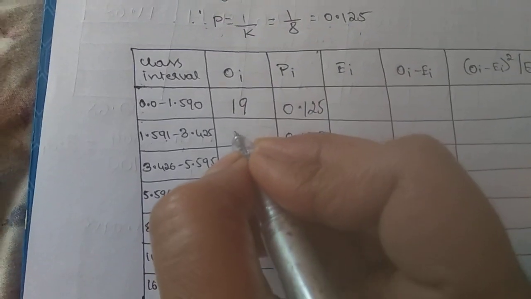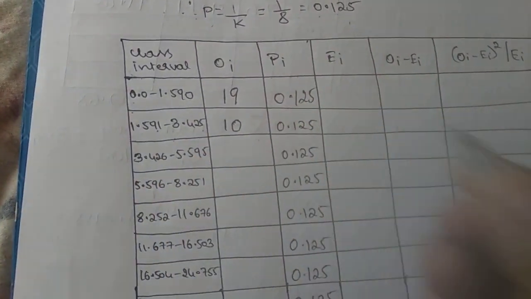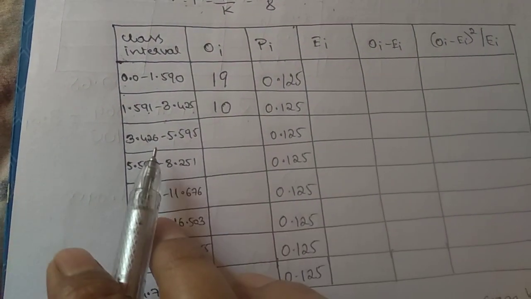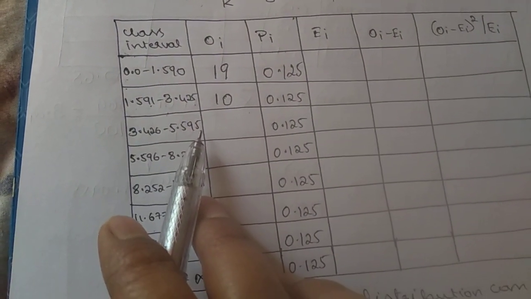So here 10 values are there. Likewise, you have to just search in the table for 3.426 to 5.595.